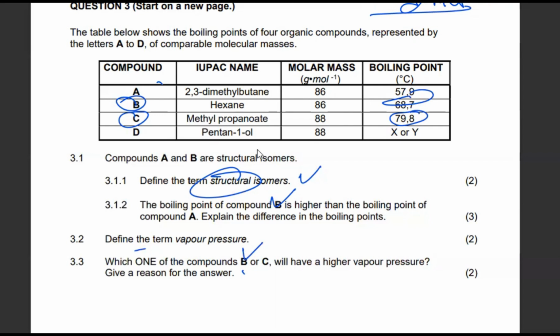And then they are saying give a reason for your answer. You can say that maybe B has weaker London forces than C. If you look at C, it has dipole forces, so it has a higher boiling point, while B only has London forces.